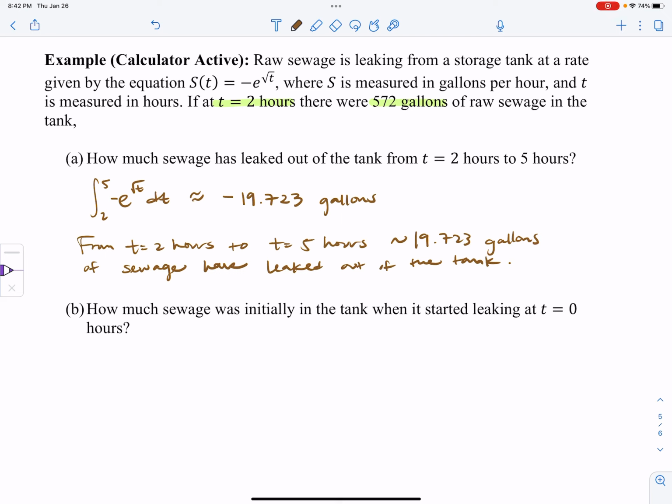We'll use R to represent the amount of raw sewage. So like we're trying to figure out what R of 0 would be. We know what the R of 2 is, right? So R of 2 is 572 gallons. And then we are going to integrate from 2 to 0. From 2 to 0, because we want to know what R of 0 would be.